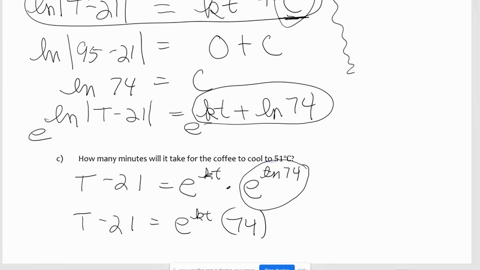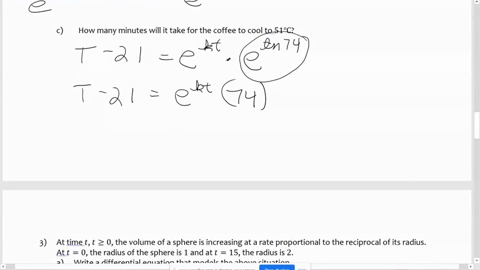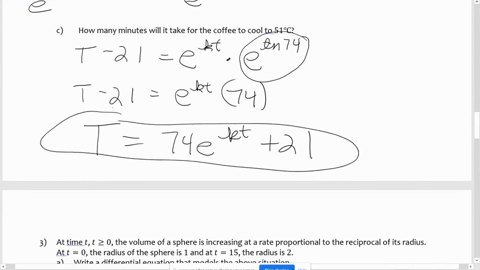So now we can solve this for t by kicking the 21 over to the other side, and we'll get t is equal to 74 e to the kt plus 21. So that's my solution to my differential equation.